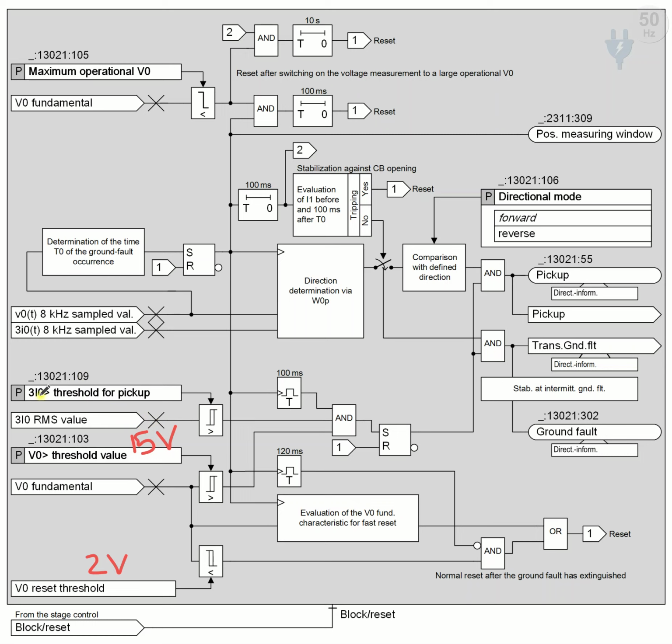Now about the zero sequence current threshold for pickup. Mostly we give this value as 0 amperes, because if we give 0, then the effect of this threshold will be neutralized, and only the V0 threshold will be important in our system.